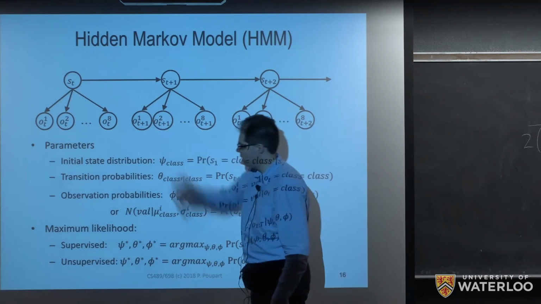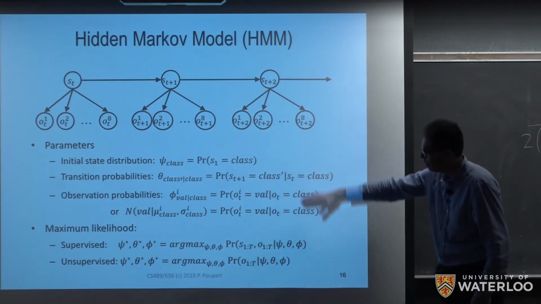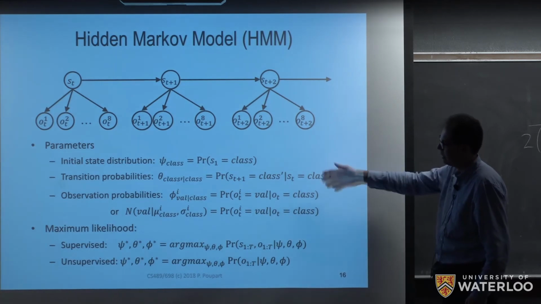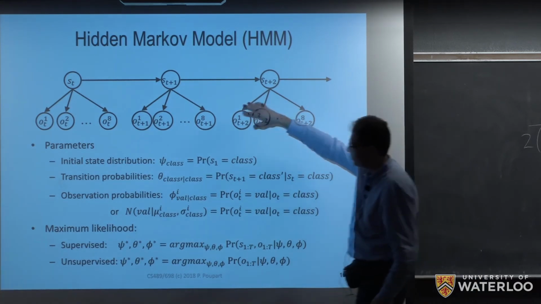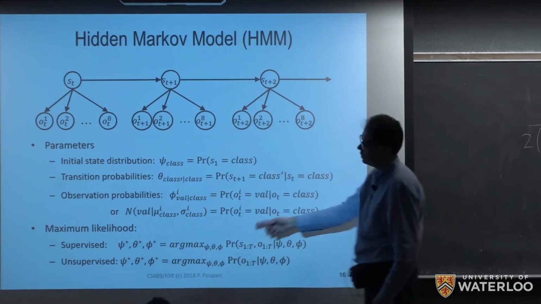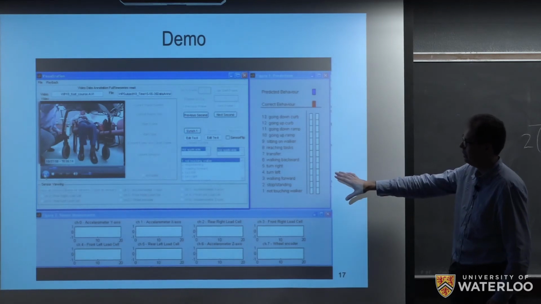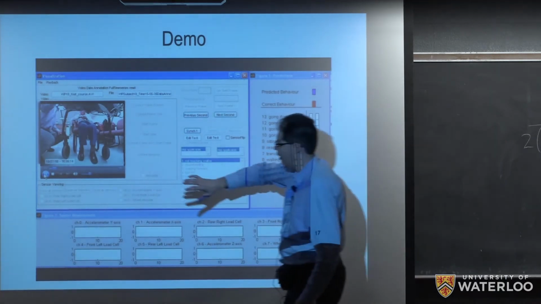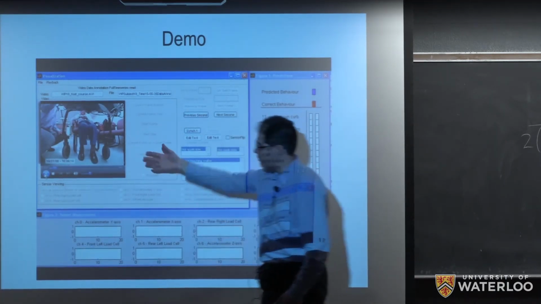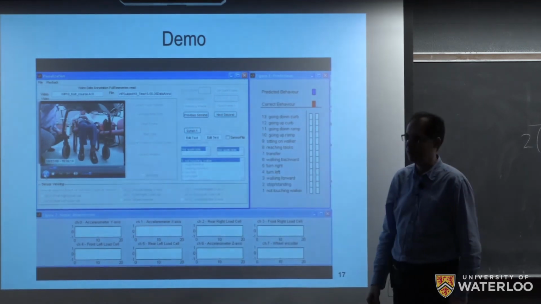This is the parameterization that we worked with. Then we estimated the parameters through maximum likelihood, both in a supervised and unsupervised fashion. And we ended up with a working prototype that was able to recognize when people are walking.